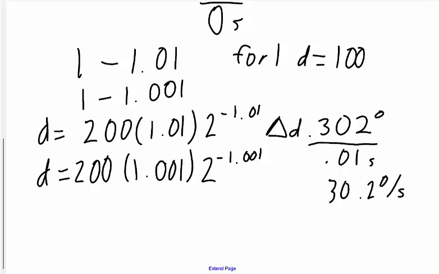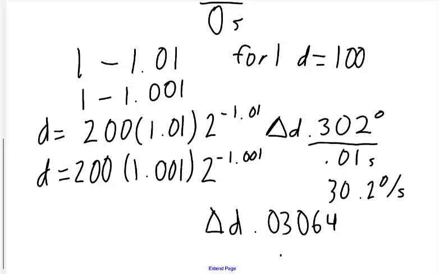We get, it changes by, so the delta D is 0.03064.